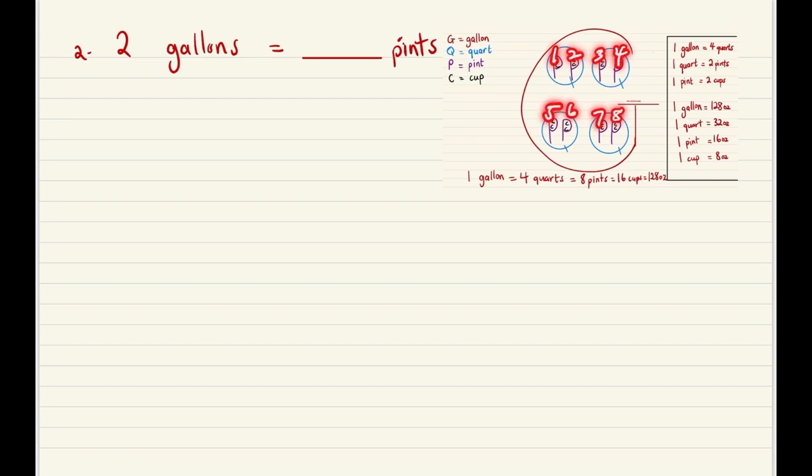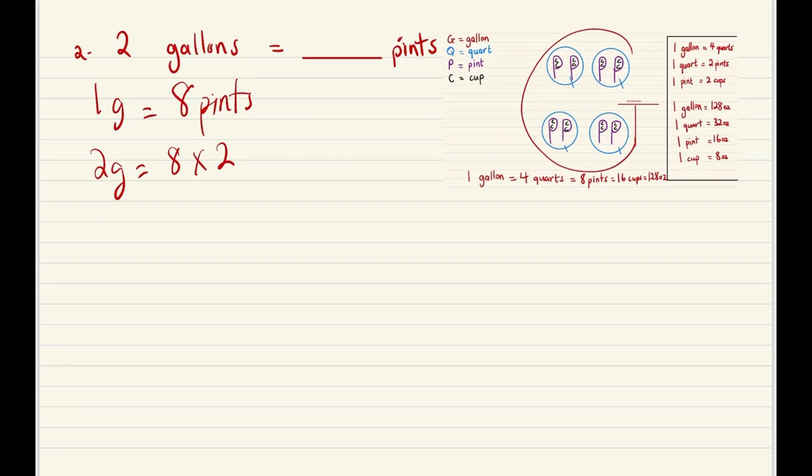We just counted the P's and it says that 1 gallon is equal to 8 pints. So then 2 gallons is going to be equal to 8 times 2, which is 16 pints. All you have to do is count the number of P's, which is 8 in a gallon, and that means that if you have another gallon, it's going to be 8 plus 8, which is going to give you 16 pints.